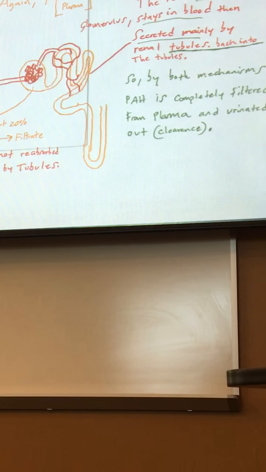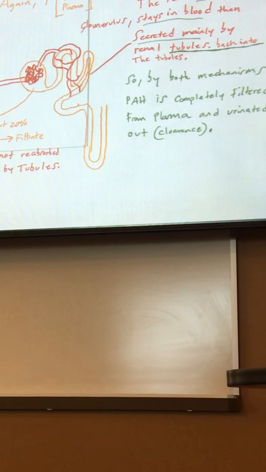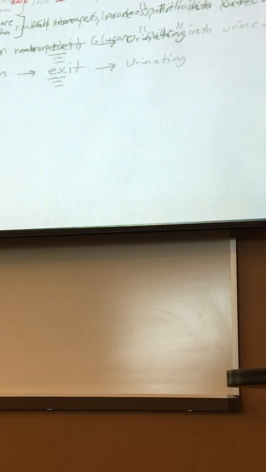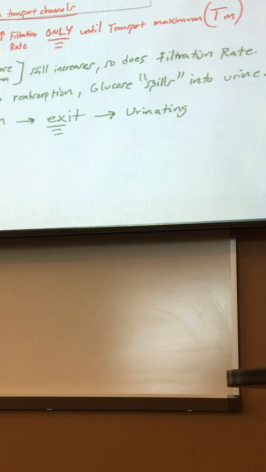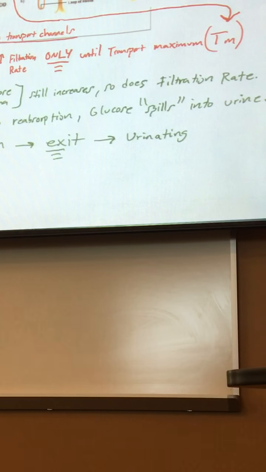Follow? What did TM stand for? Transport maximum. I thought it was transport membrane. No, maximum. Because Tm represents the maximum amount that those channels can hold, because the channels are responsible for reabsorption and secretion. So the transport maximum represents the maximum rate at which they can reabsorb and secrete.